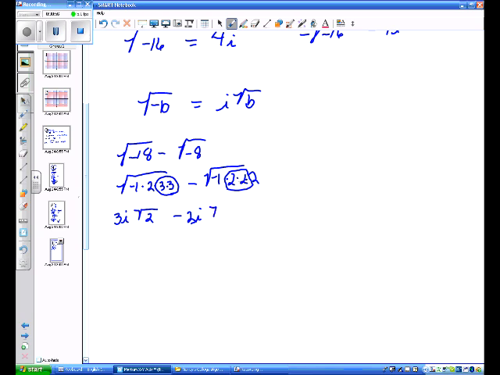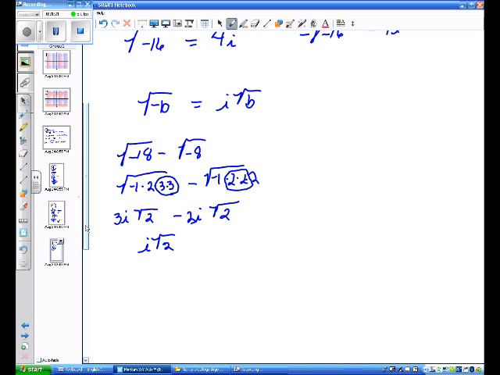And then we're left with the square root of 2. Now, these are like terms, so we can combine them. We have 3i square roots of 2 minus 2i square roots of 2. So 3 minus 2 would be 1i square root of 2, and we have our simplification.